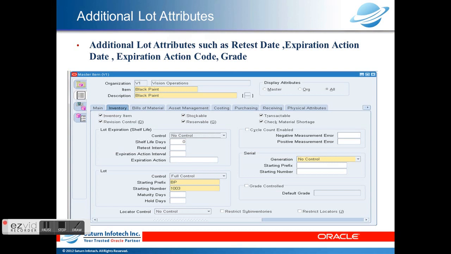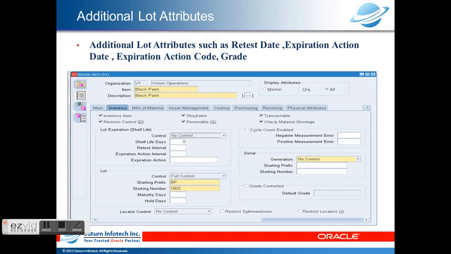We can say whether this particular item is governed using expiration control or not. We have a value there as shelf life days. If we mention that, then we can have an item which is going to expire after some number of days.